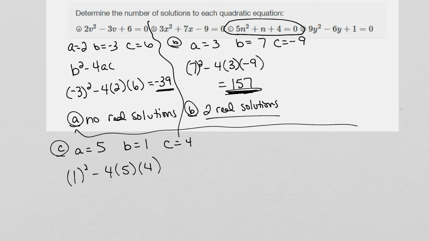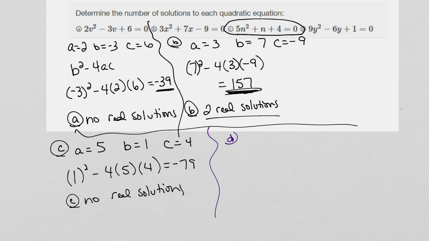And I get -79. That means on part C, we get no real solutions. Why do we get no real solutions? What makes it so? It's not the 79, it's that thing in front of it. This negative sign means that we can't take the square root of a negative number, so we'll have no real solutions here.